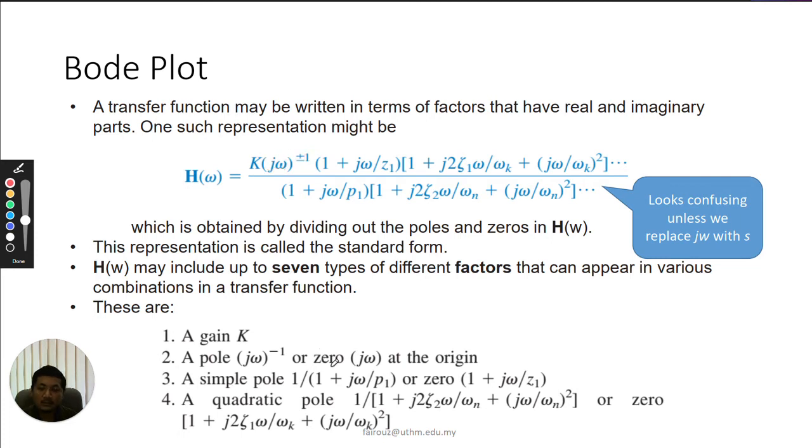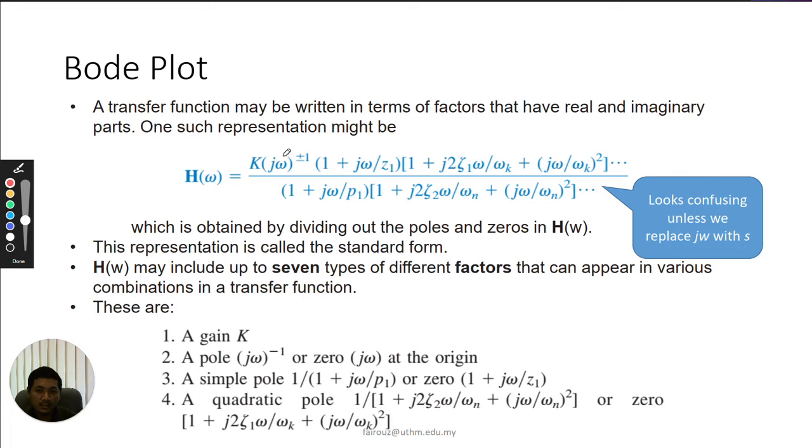And next is the third factor, which is 0, j omega, or you can replace it with s, s with power of plus. So this is also a 0, but it must be a positive power.